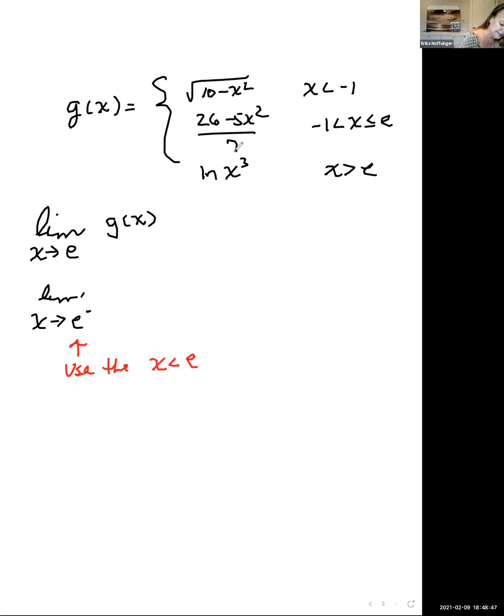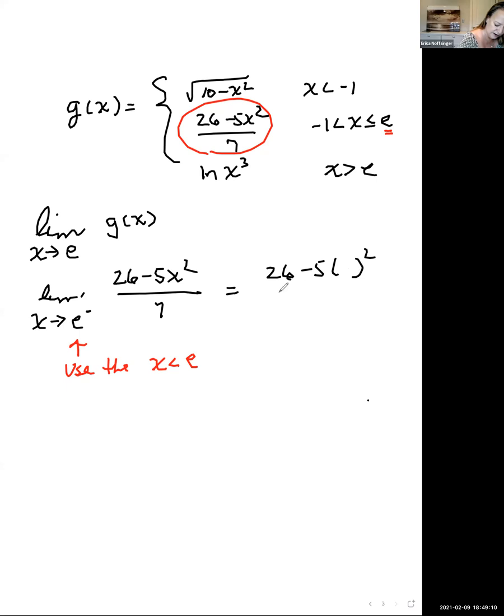So we'd have to look at the second equation. Let's go back in there and plug in e wherever we see an x. 26 minus 5 all times e quantity squared, all over 7.